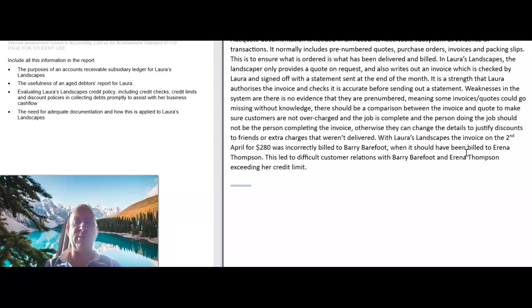And we can see there was a problem because on the 2nd of April, the job for 280 was incorrectly billed to Barry Barefoot, should have been billed to Edna Thompson. So this led to customer relation difficulty with Barry and Edna exceeding her credit limit. So again, bring it back to the transactions that you've done. Again, press pause, read it through, make sure it makes sense, and type it out.